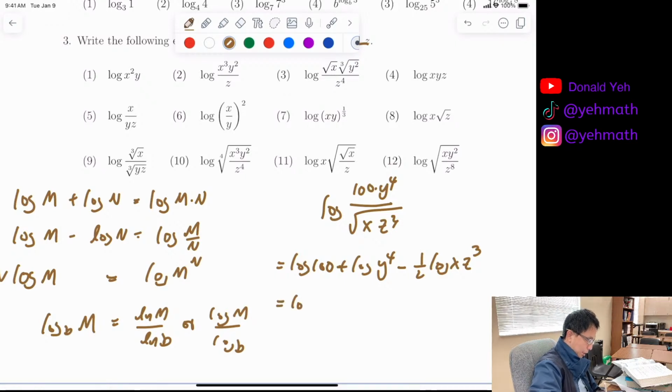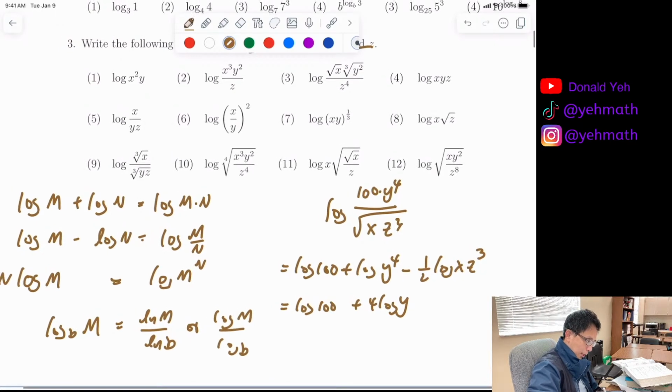And then I can expand more. Log of 100 plus 4 log of y. Expanding, that means that 4 need to be in the front. And then this one's going to be minus 1/2 times log of x plus 3 log of y. Does that make sense?